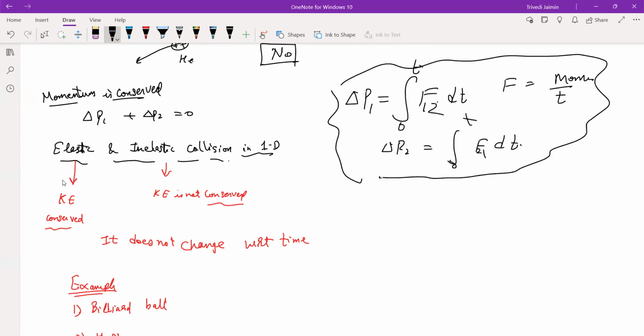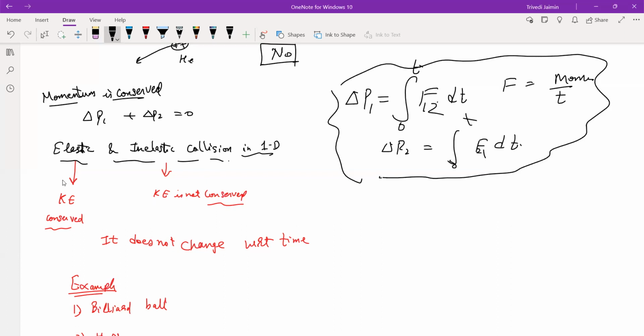But in short, momentum is conserved. So what does it mean? What do you mean by conservation of momentum? It is not gained or lost.